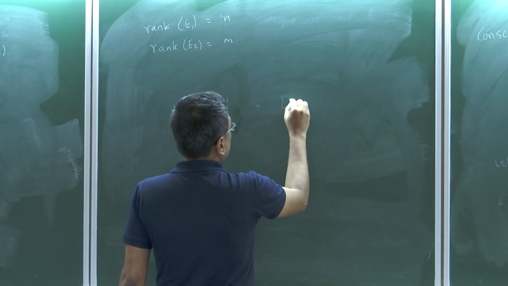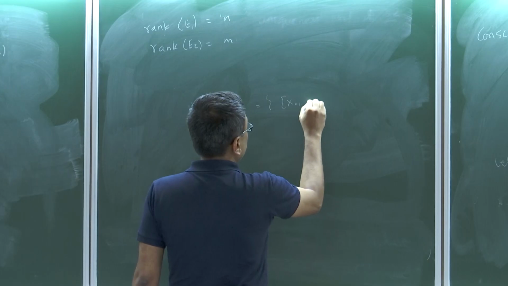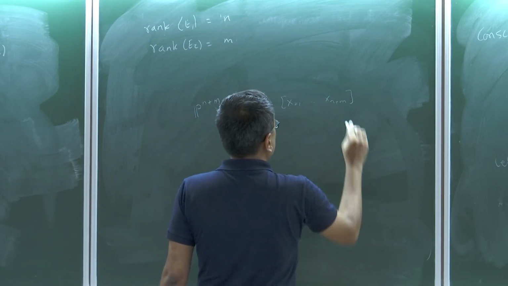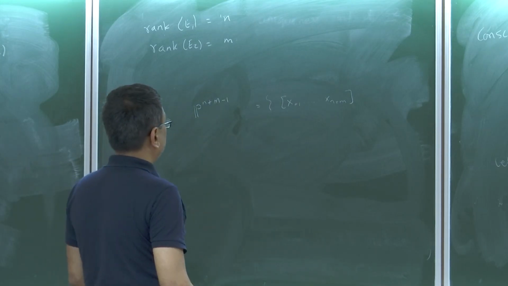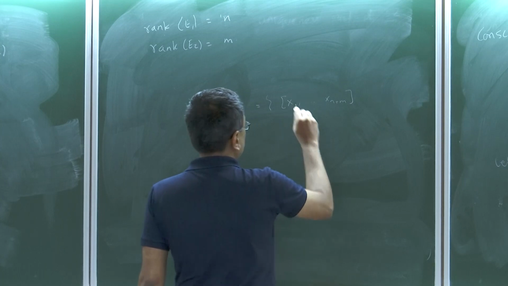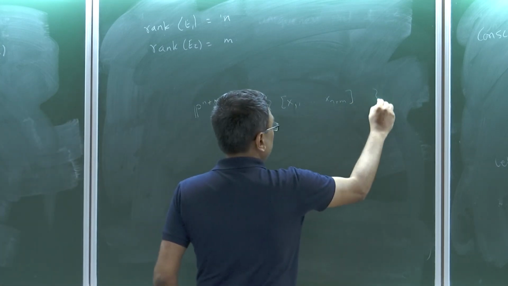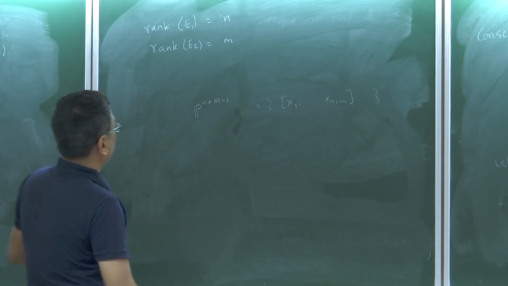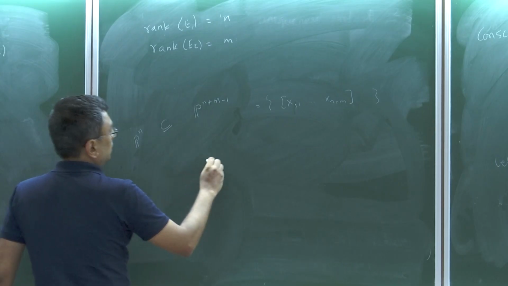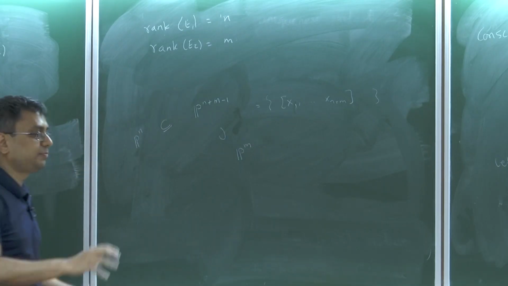So the points of this are represented by homogeneous coordinates x1 up to x n plus m. So this is how I represent points of this, and inside this I have a copy of Pn and a copy of Pm, where I am looking at specific copies.